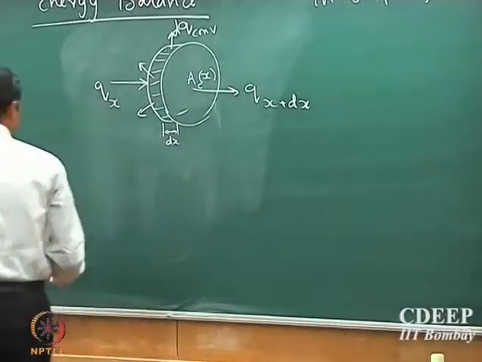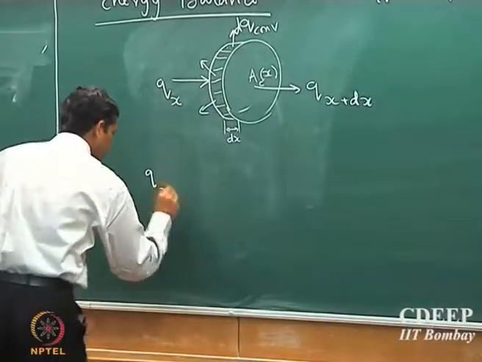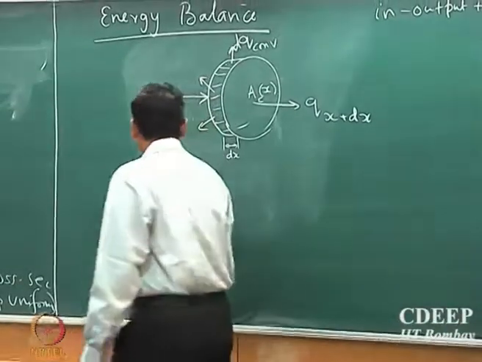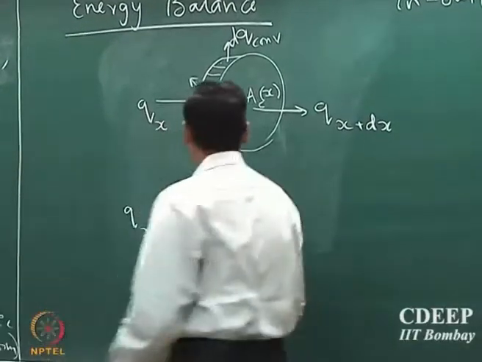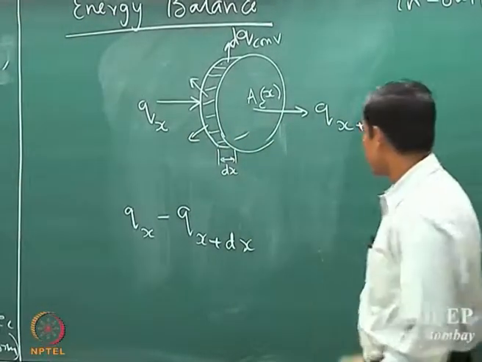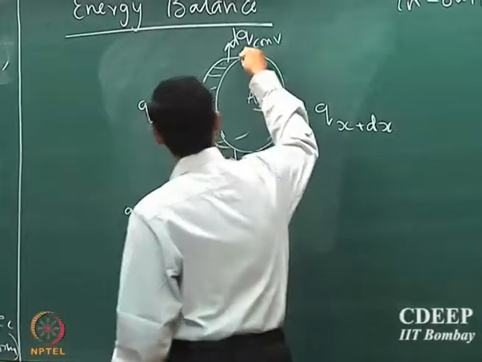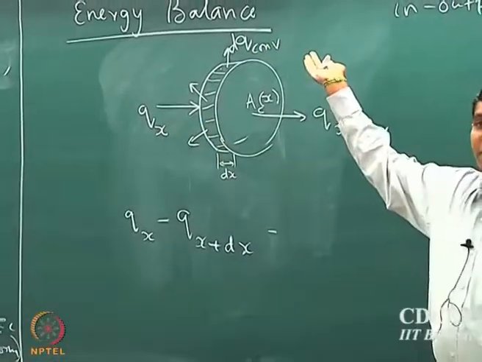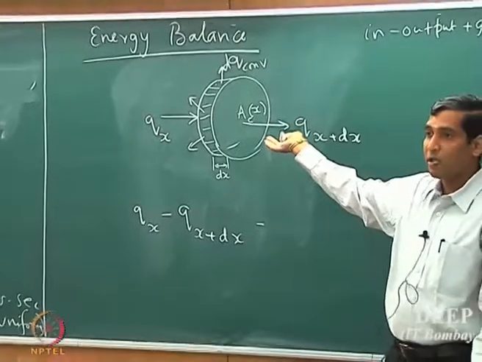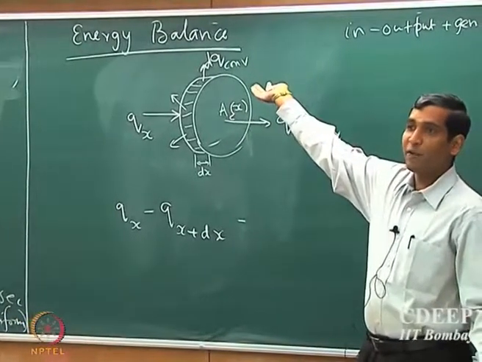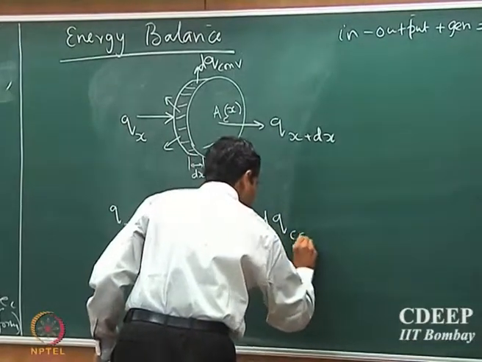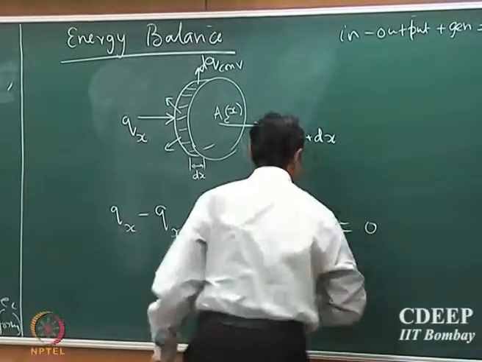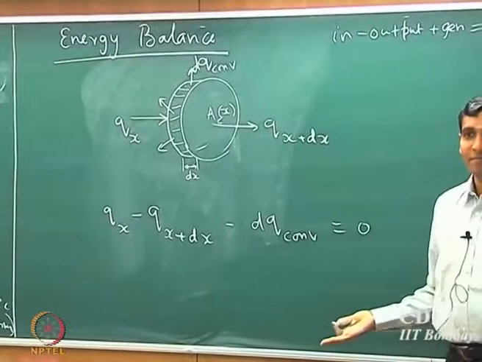So the balance is simply qx, the input, minus q of x plus dx, the rate at which heat leaves this element, minus the heat lost because of exchange from the solid to the fluid flowing past it, so minus dq convection, equal to 0. Very simple.